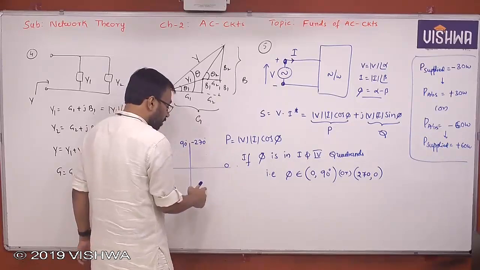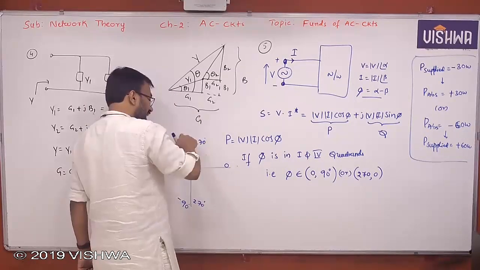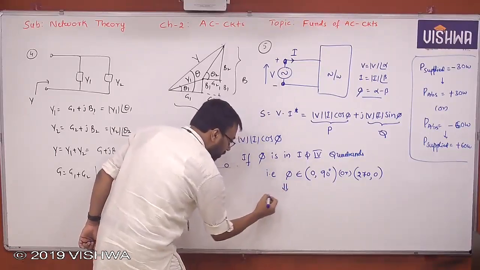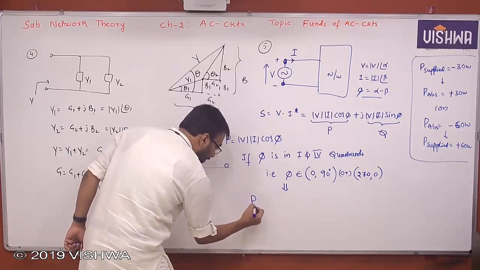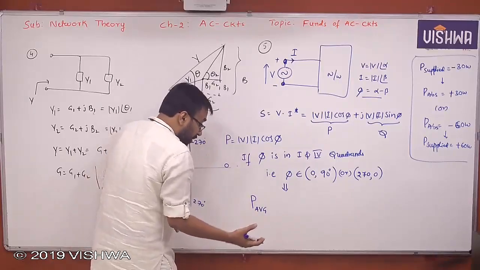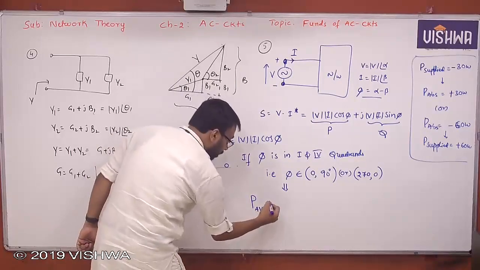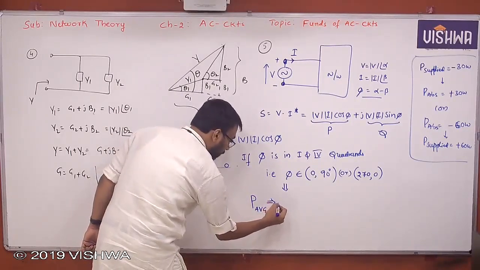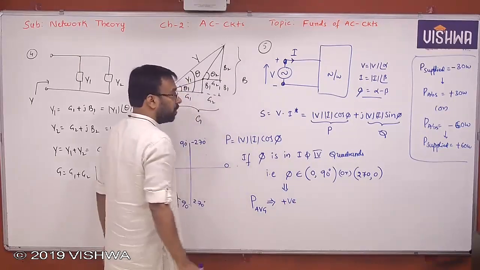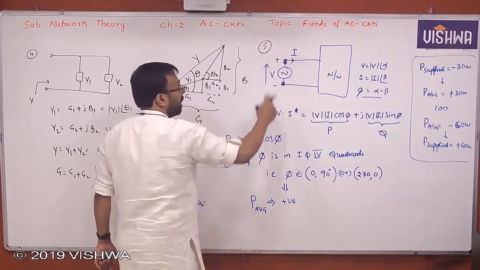270 to 0 is nothing but what? Fourth quadrant. 0 to 90 is nothing but the first quadrant. Then active power or average power, whatever the average power you are calculating or active power you are calculating, capital P, will be positive. Yes or no, all of you? Now it is delivering a positive power.